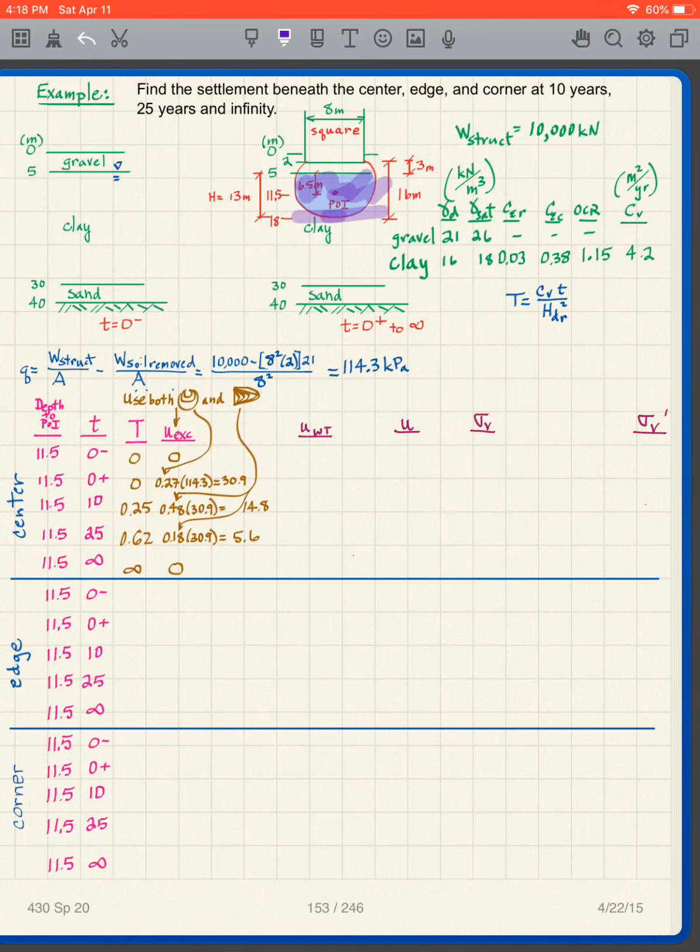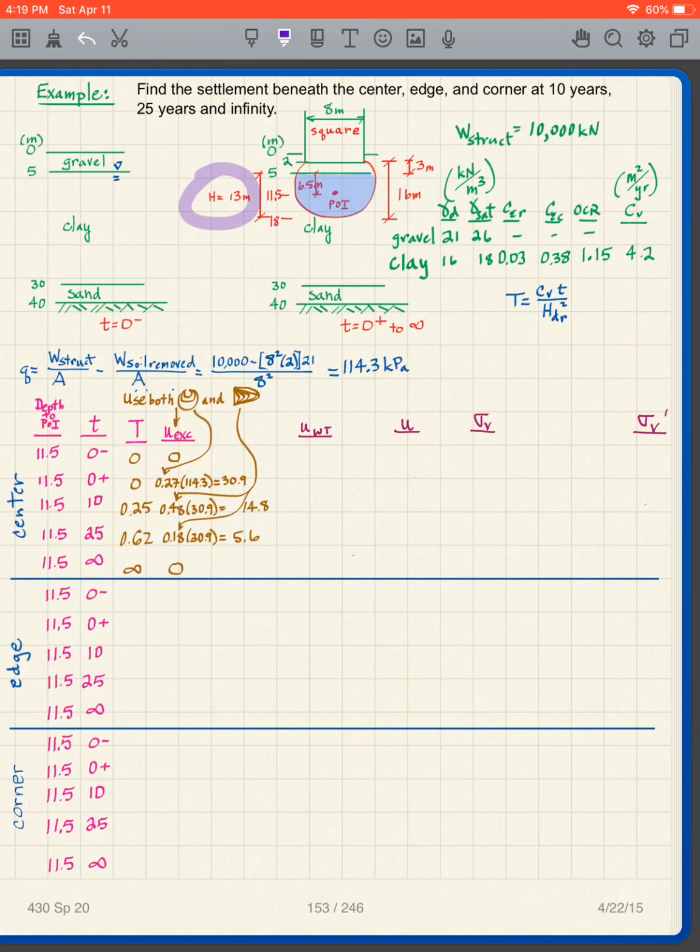It's not near the bottom sand. So it ends up being a single drainage situation. The number that we computed for our H in the previous one, H is 13 meters, is going to be our HDR for this case.